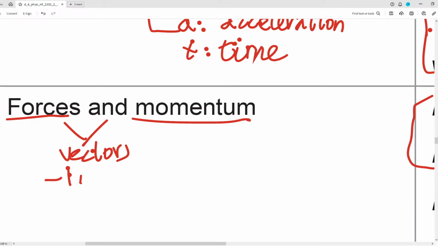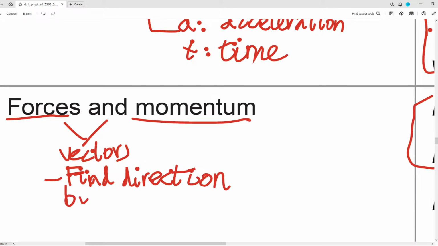You have to find direction by context, which means FBD.